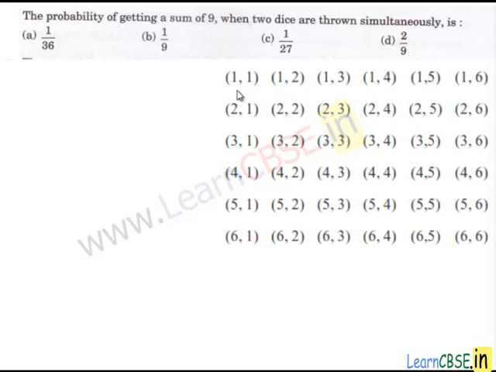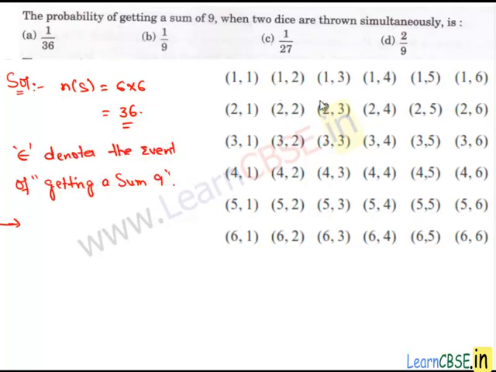Here the first number in each ordered pair is the number appearing on the first die, and the second number in each ordered pair is the number appearing on the second die. Totally, when 2 dice are thrown, we have total number of possible outcomes are 6 times 6, which is 36. Now we take E is the event which denotes a sum of getting 9.